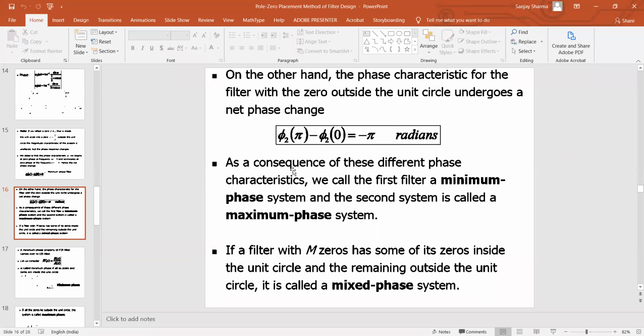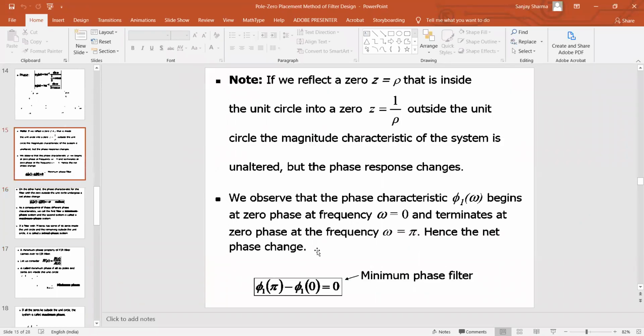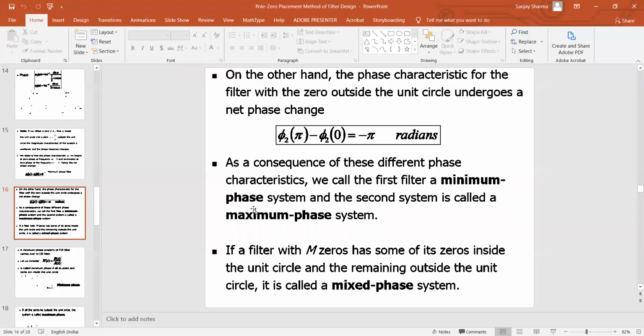Therefore, these types of systems are known as maximum phase systems. The earlier systems are known as minimum phase systems when the zero is inside the unit circle, and if you reflect, the zero goes outside the unit circle. So these systems will be called maximum phase systems, right? As a consequence of these different phase characteristics, we call the first filter a minimum phase system, and the second system a maximum phase system.